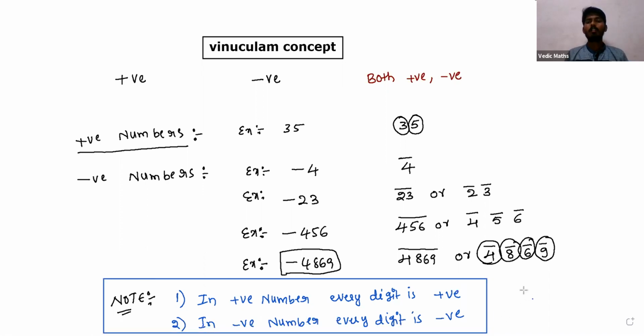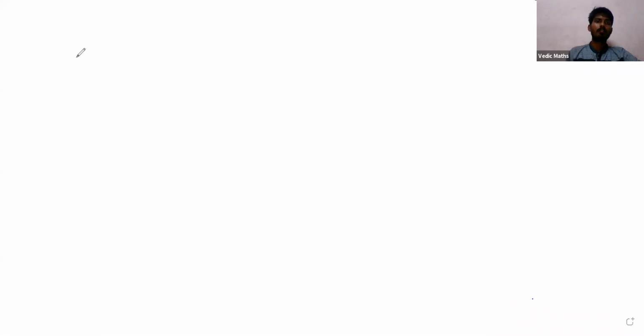Okay, now let us see what vinculum numbers are. Let me take one example on vinculum numbers. I said a vinculum number is nothing but a combination of both positive and negative digits.